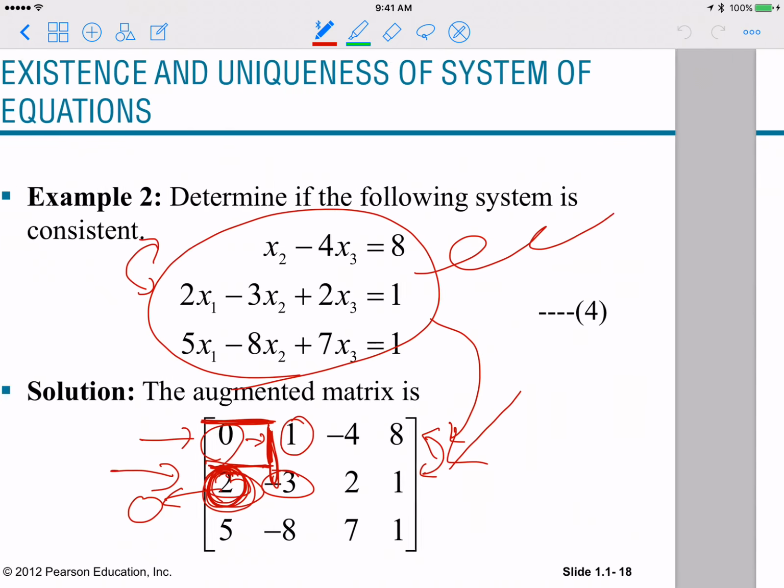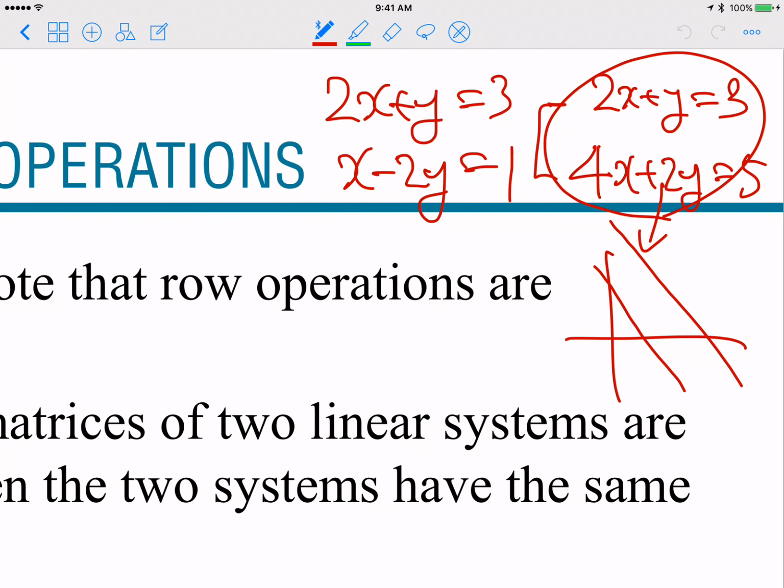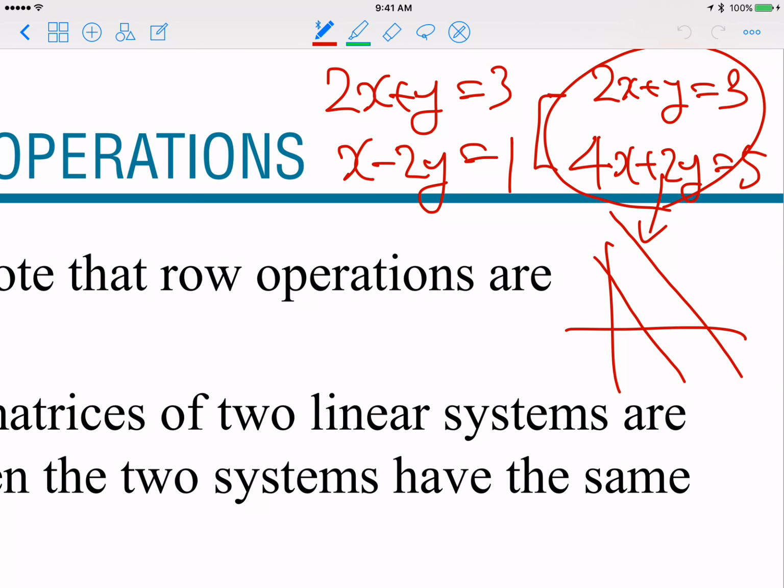So we know, as I mentioned in the previous slide, this guy, which has parallel lines. So in that case, we know there exists no solution. So we know there is no solution in that case, which has parallel lines, but their y-intercept or these values are a little bit different, right?